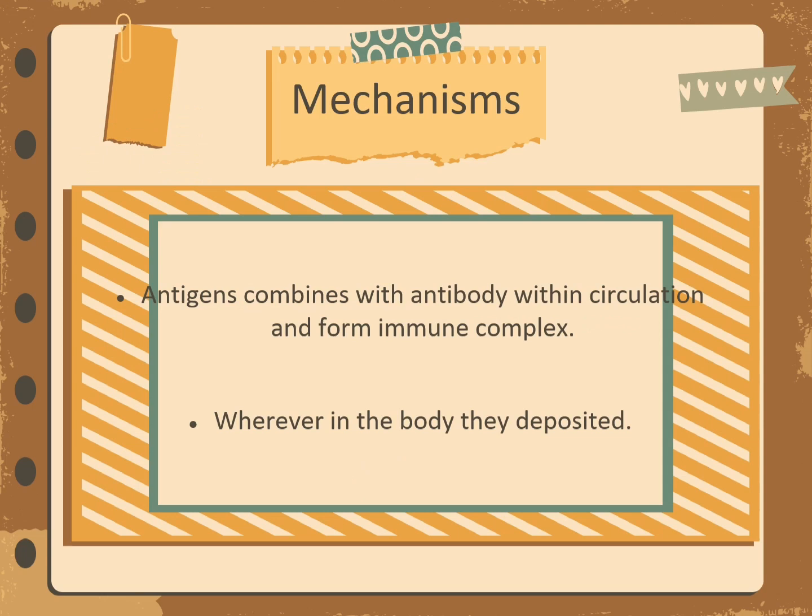Its mechanism is that antigens combine with antibody within circulation and form immune complexes wherever in the body they are deposited. They activate the complement system and polymorphonuclear cells are attracted to the site, and it results in inflammation and tissue injury.